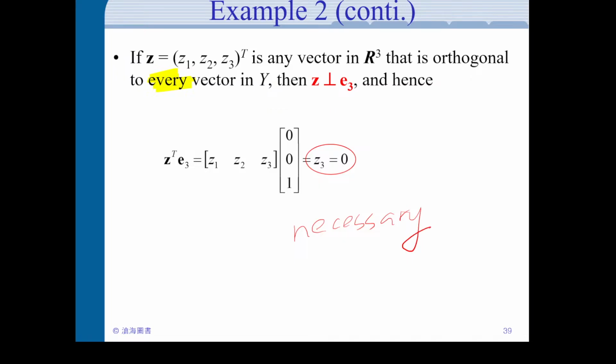So we say that being on the z-axis is a necessary condition to be orthogonal to, let me see, any vector orthogonal to. Oh, I guess it's actually the other way around. But I guess it's okay.